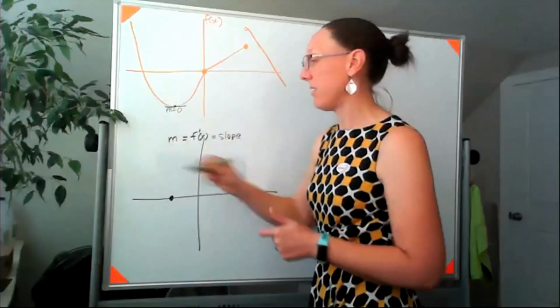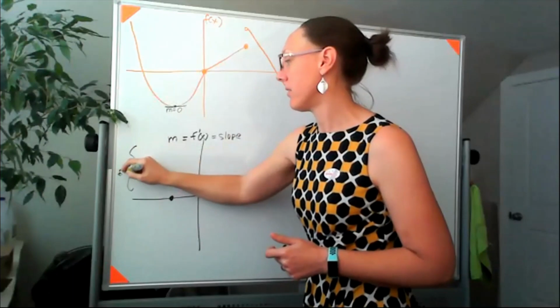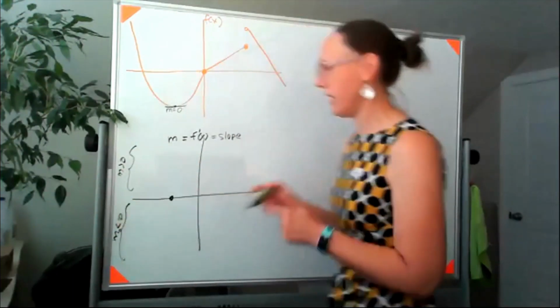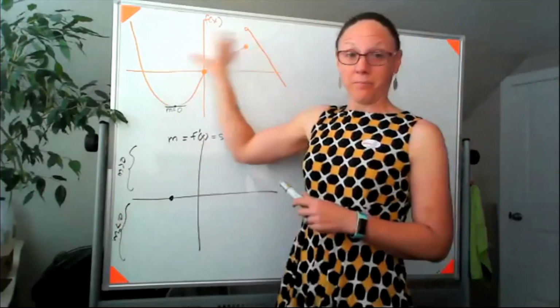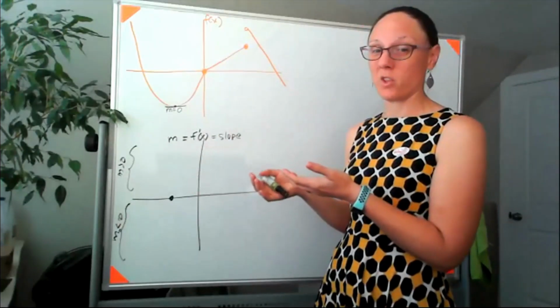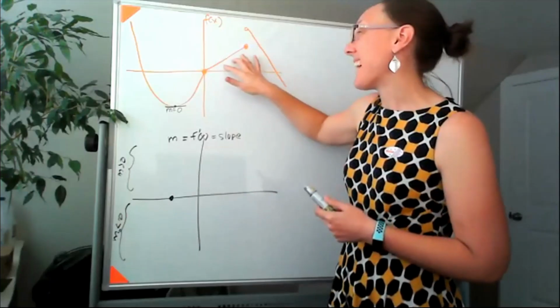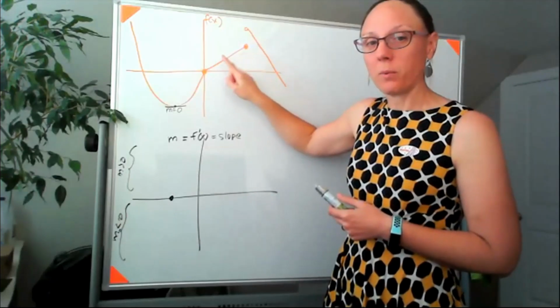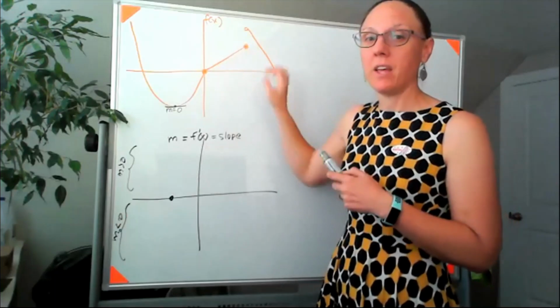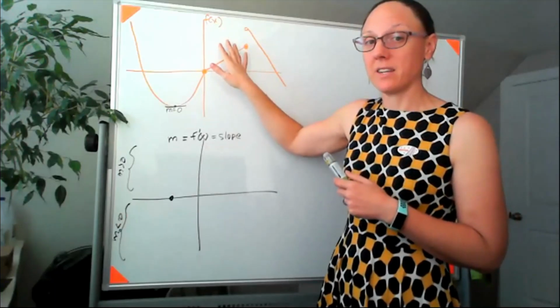So up here, my slopes are positive. And down here, my slopes are negative. Moving on, other places where I know what the slope is. Well, I'm not exactly sure what the value of the slope is, but everywhere in here, because it's a straight line, this slope is a constant.